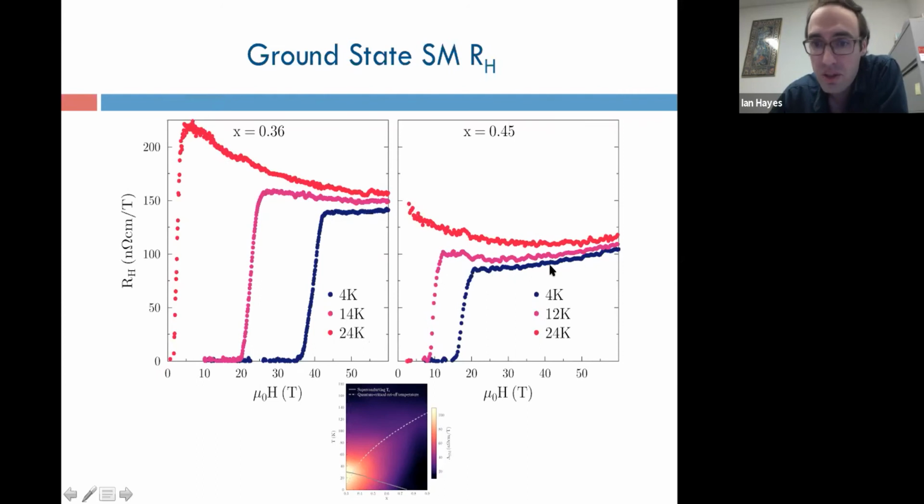At higher fields, you can see that the increasing RH is setting in again, and in between there's sort of a balance between the two. It's a little bit stronger for the 36%, whereas at 50 Kelvin, you're already moving into the H squared regime for the 45% doped. In each case, there is still a bit of decrease that you can observe.